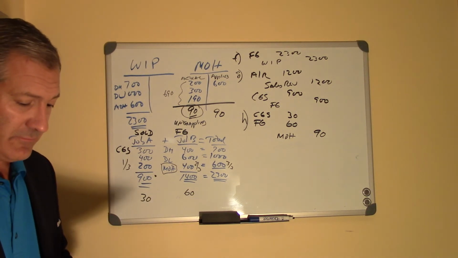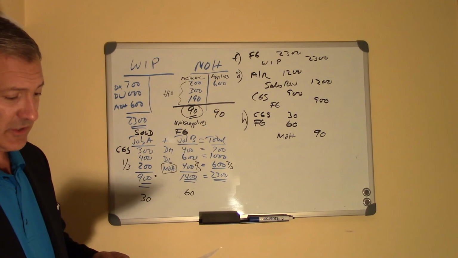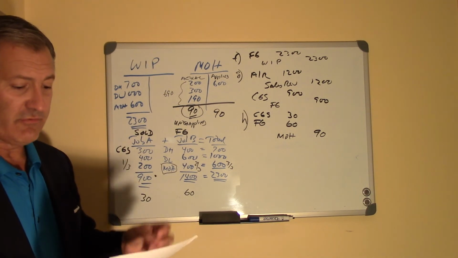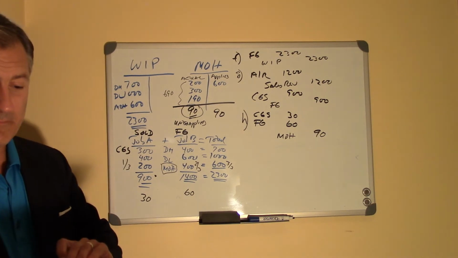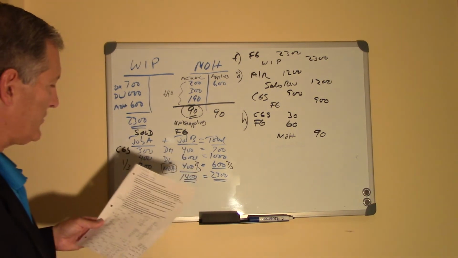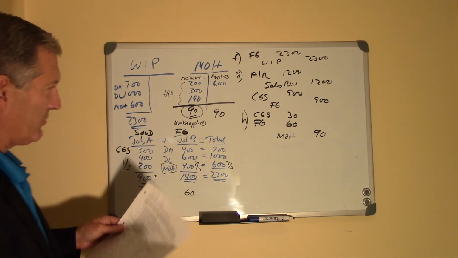The last item that we have here on this worksheet is item I. It says prepare an income statement through gross margin before and after the journal entry for H. So what is an income statement through gross margin?